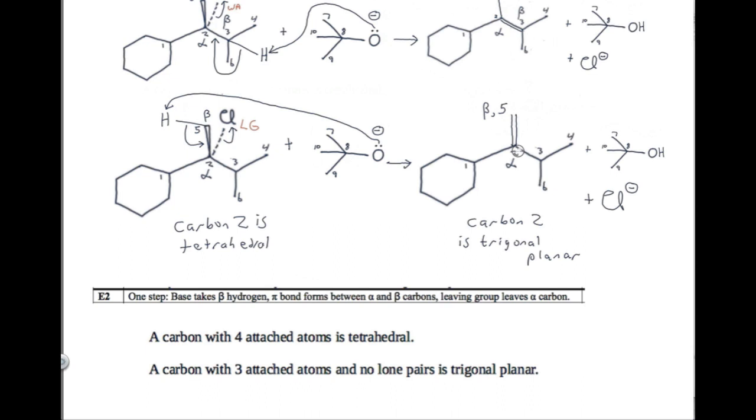So again, to show that, carbon 5 should no longer be on a wedge. We don't usually use a wedge or a dash for a trigonal planar atom. So notice here how all the bonds in the trigonal planar carbon 2 are indicated by solid lines. In particular, we changed this wedge into a solid line to show the trigonal planar geometry for carbon 2.